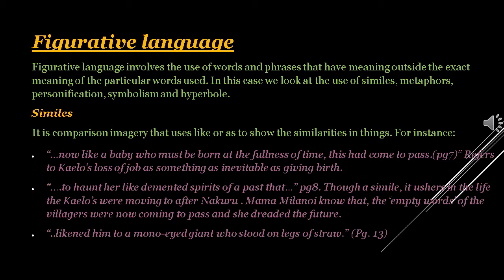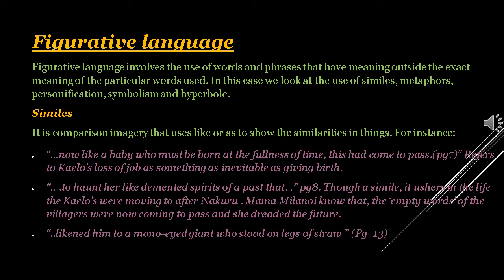Another aspect of stylistic devices is the use of figurative language. Students, what is figurative language? Figurative language involves the use of words and phrases that have meaning outside the exact meaning of the particular words used.